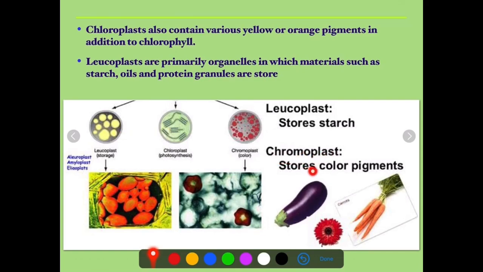Chromoplasts store color pigments, either you see the outer covering of the brinjal, or you see the carrot or the flowers. The basic function of chloroplast is to perform photosynthesis, and leucoplasts mainly store the food material, and chromoplasts are for imparting colors.